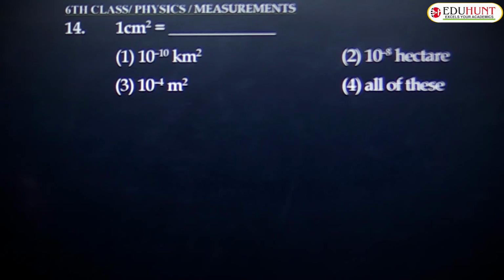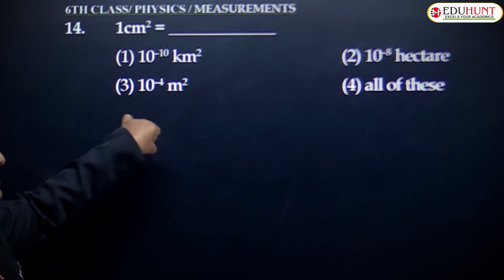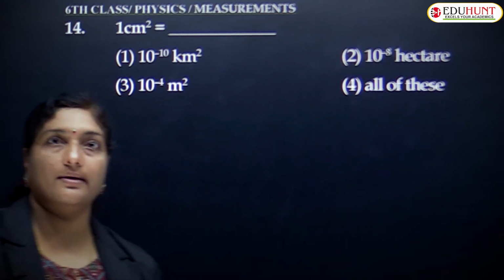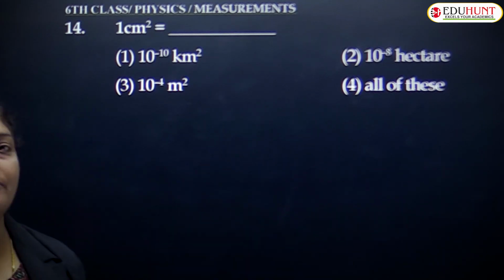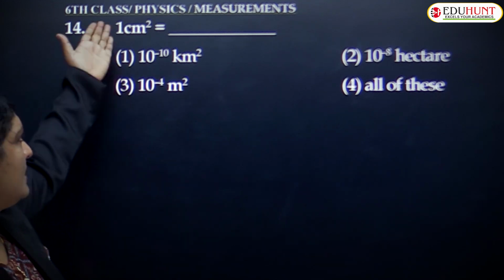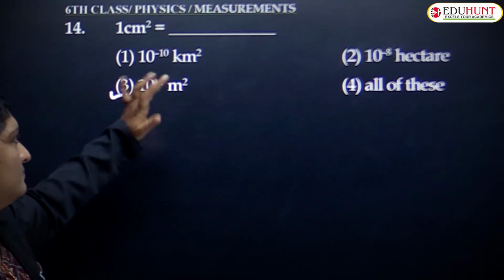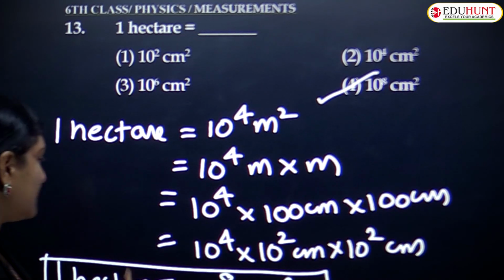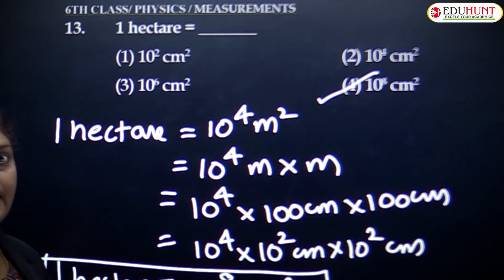Next, you need to convert centimeter square into, here they are asking in meter square, here in kilometer square, there in 10 hectares. Let us check. And one more option is there, all of this. I don't know whether you remembered or not. 1 centimeter square, how many meter square? 10 power minus 4 meter square. Right answer. And just now in the previous example we calculated 1 hectare is how many centimeter square? 10 power 8 centimeter square.